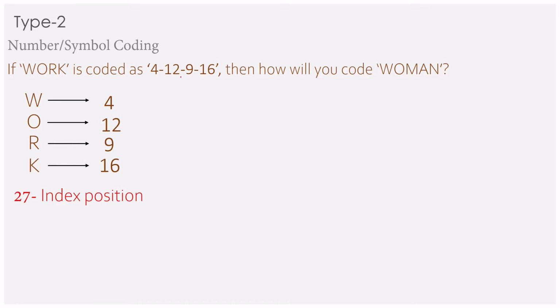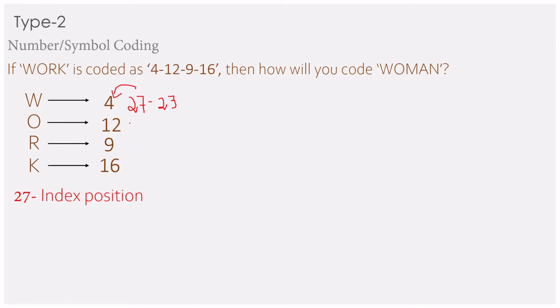So if you take 27 minus W's index position, Z is 26, Y is 25, X is 24, and W is 23. So W has 23 as its index position, and 27 minus 23 is absolutely 4.